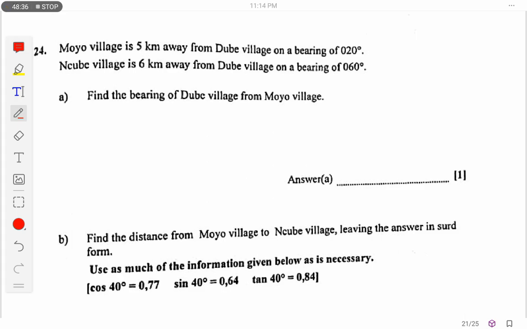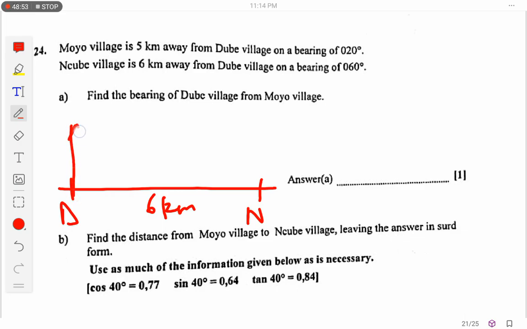So let's say this is Dube, and we have 6 kilometers here, and the bearing of Moyo from Dube. This is my north. Bearing is 20, so 20 is going to be like that, 20 degrees, and distance is 5 kilometers.